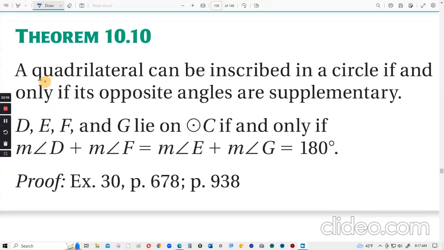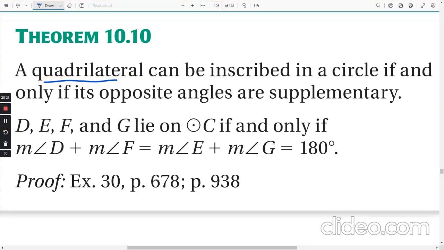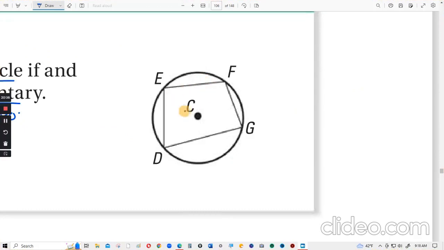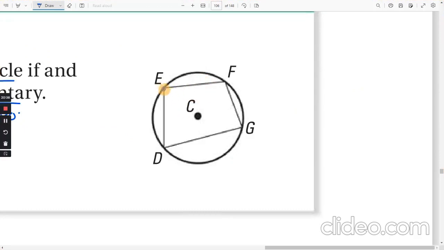Okay, a quadrilateral can be inscribed in a circle if and only if its opposite angles are supplementary. That means they add to 180. Alright, so we can see this quadrilateral has all of its points or vertices on the circle. So we want to look at opposite angles.